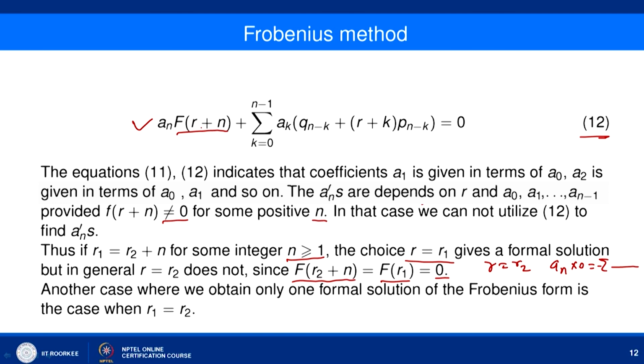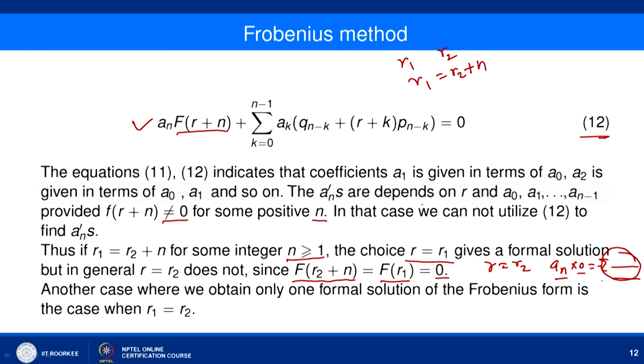So, we have two values r1 and r2, and if r1 is equal to r2 plus n, then when you look for a solution corresponding to r equal to r2, a_n into f of r2 plus n is going to be f of r1, that is going to be 0. So, if this expression is non-zero, you cannot find a solution, but if this expression is 0, then we can look at some possible way to find the solution here.